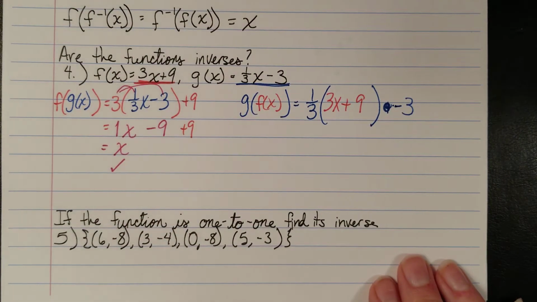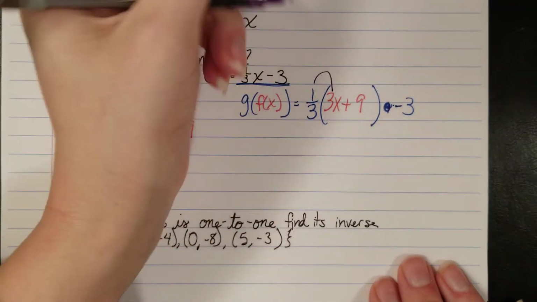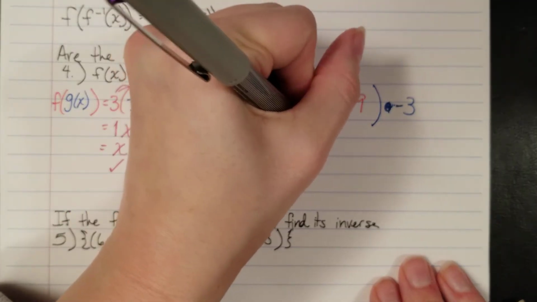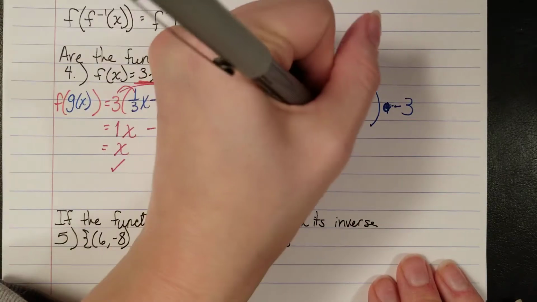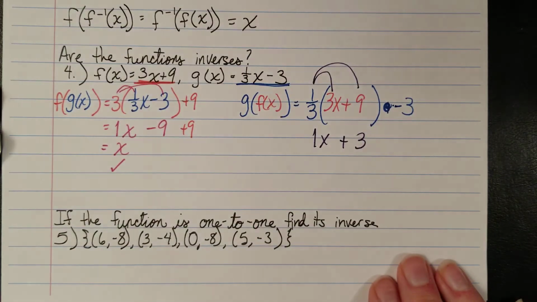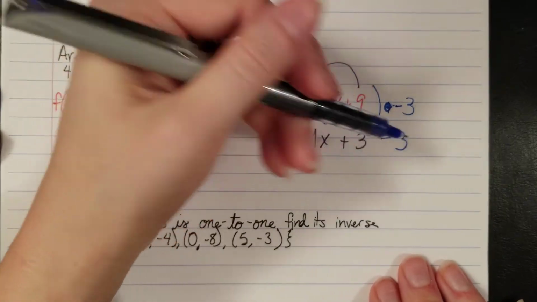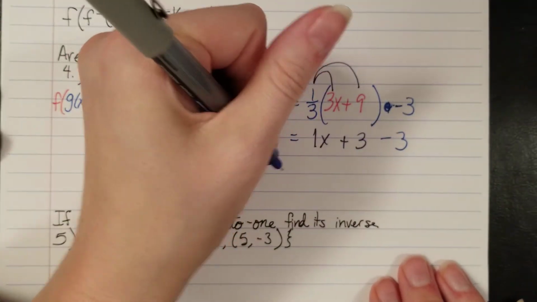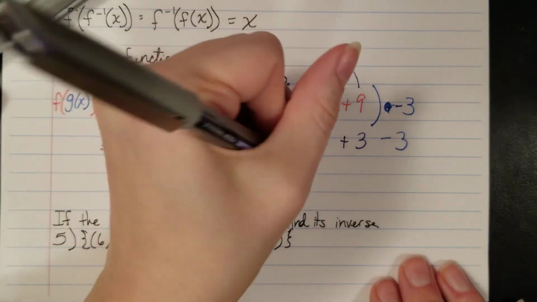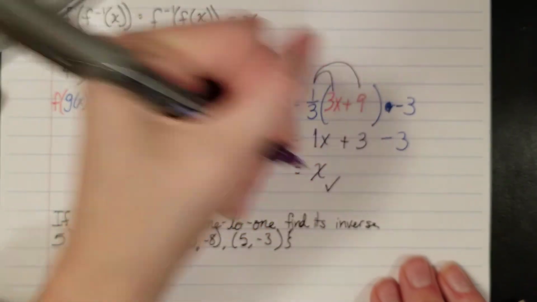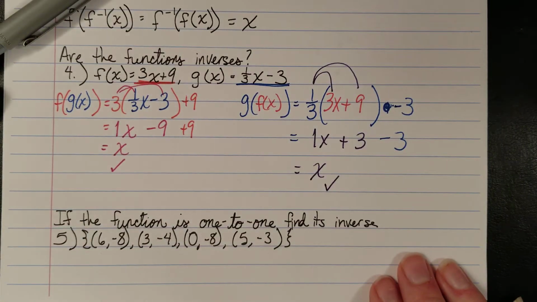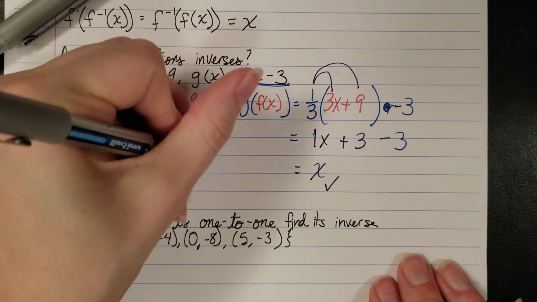And so let's distribute the 1/3. 1/3 times 3 is 1, so that's 1x. 1/3 times 9 would be plus 3. And then bring down the minus 3. So plus 3 minus 3 cancels out, and 1x is the same thing as x. So that also equals x. So in this case, the answer would be yes, those two functions are inverses of each other.